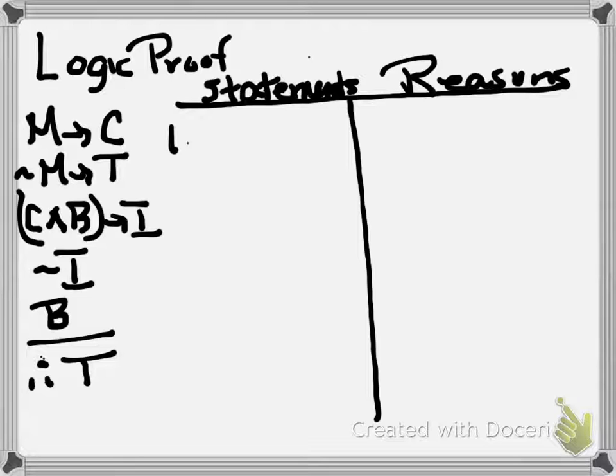So you start with a single statement by itself. You can't use B because it's embedded in a compound hypothesis. So I'm going to use not I, which is given.